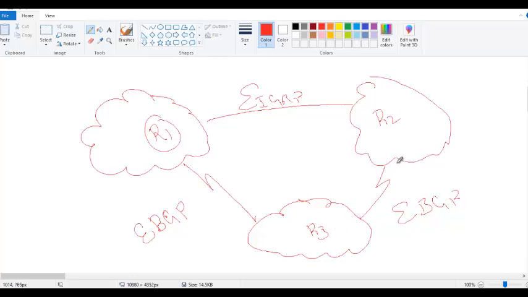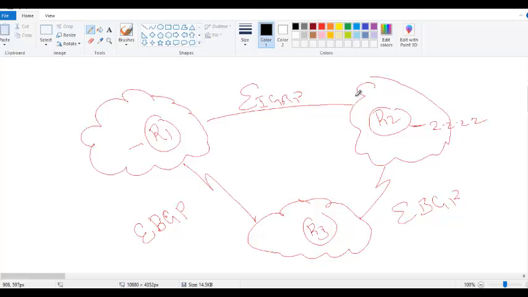Because of the administrative distance, to reach a network here, 2.2.2.2, router 1 takes this long route. Can someone tell which route it will take? Will it take via router 3 or router 2? I already gave you the answer.